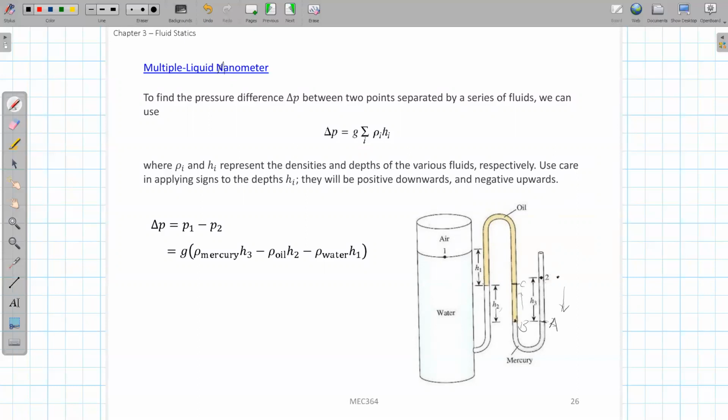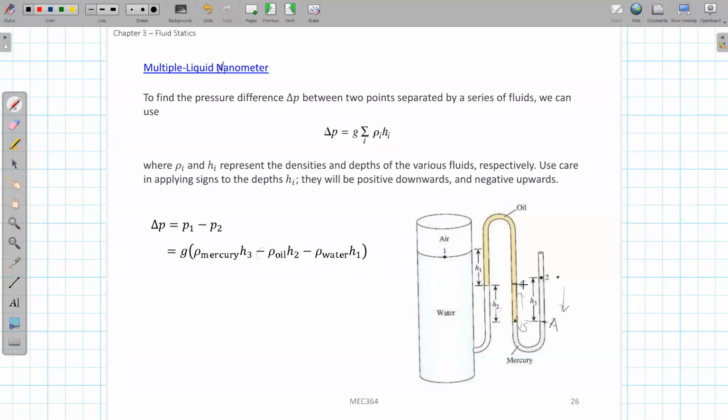Because you're going up, against gravity, you add a negative sign, times rho oil, because this yellow part is oil, times H2.